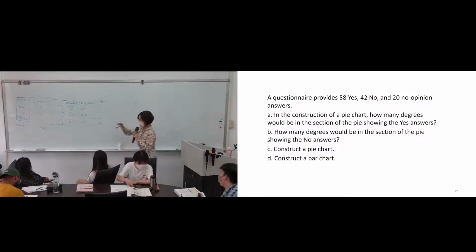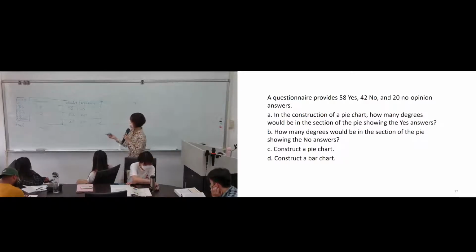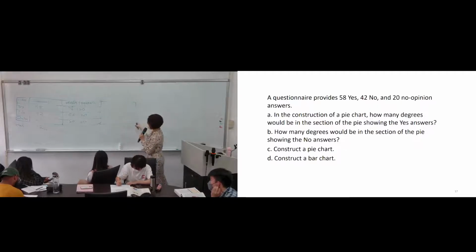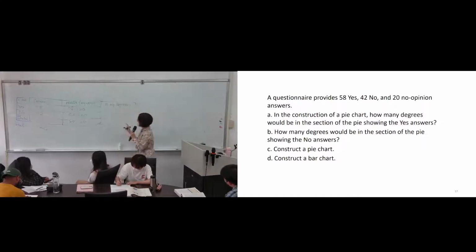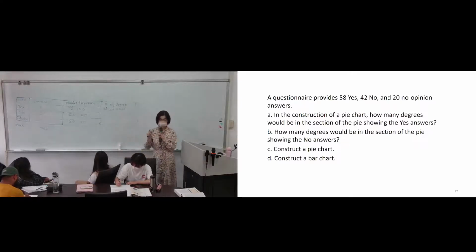And then the third column. Because we would like to use a pie chart, we need to calculate the degrees in the pie chart. So for the yes, after we find the relative frequency for the yes group, we multiply it by 360 degrees, and then we calculate the degrees in the pie chart.